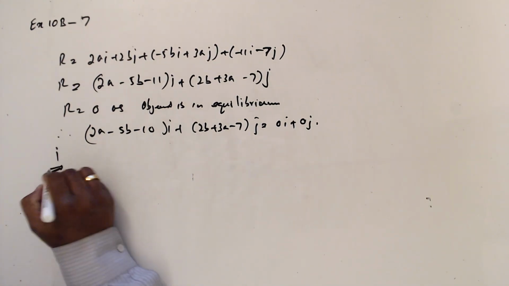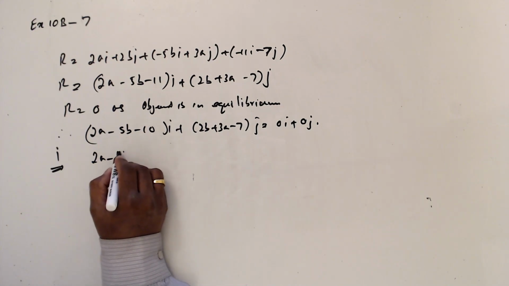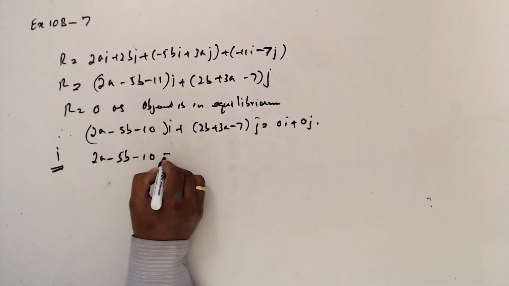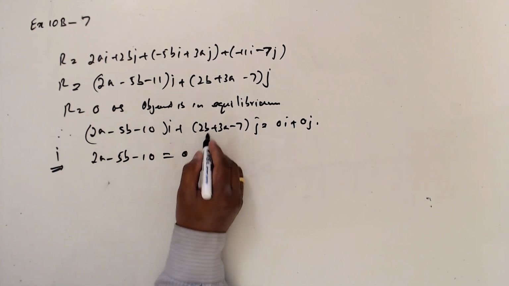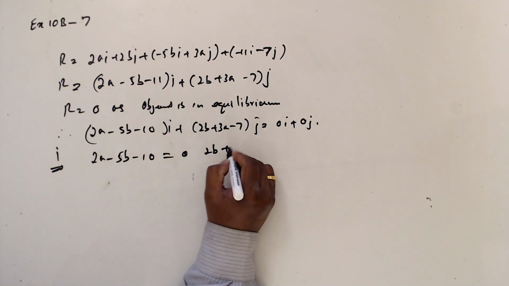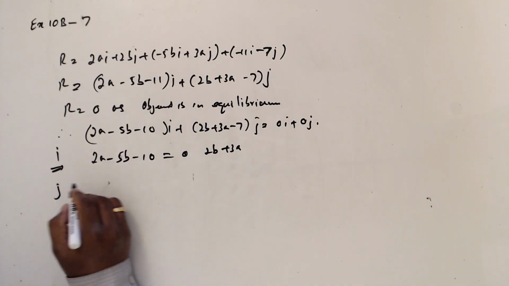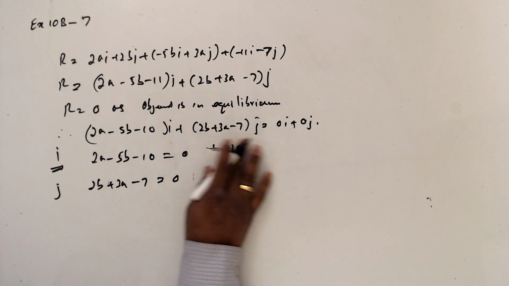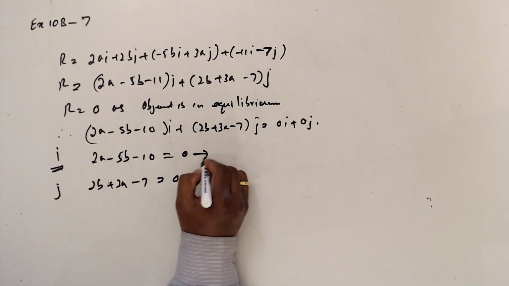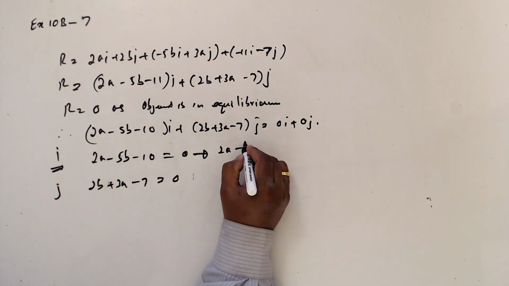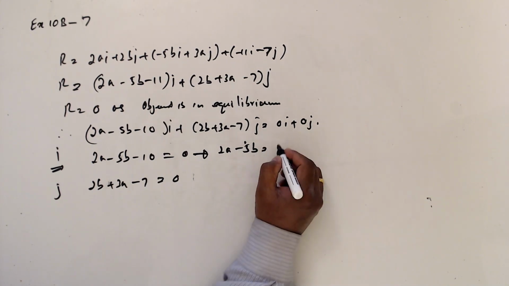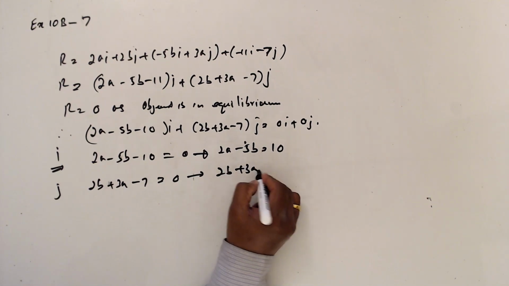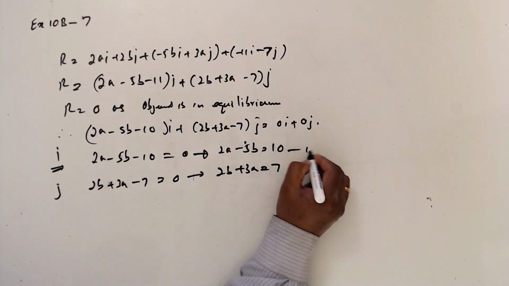By considering the i component, 2a minus 5b minus 11 equals 0, and the j component, 2b plus 3a minus 7 equals 0. So from here we get 2a minus 5b equals 11. From here, 2b plus 3a equals 7. This is 1 and 2.